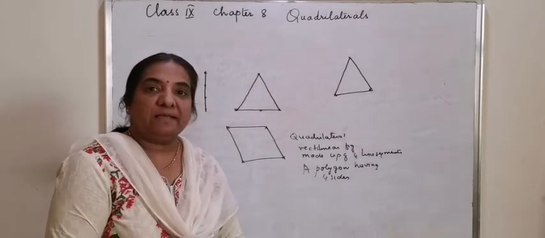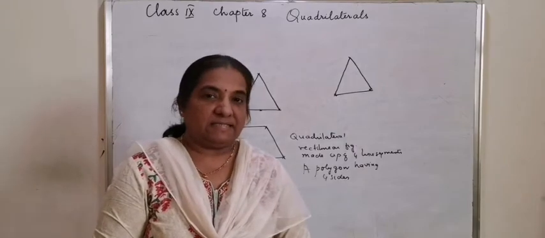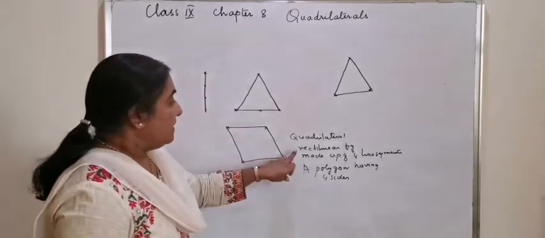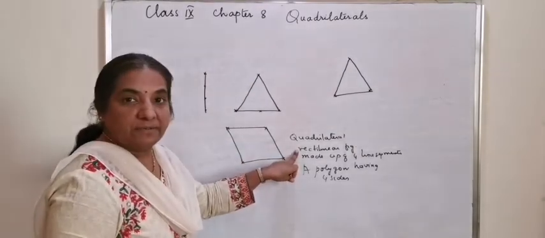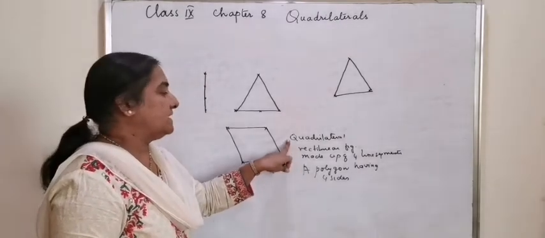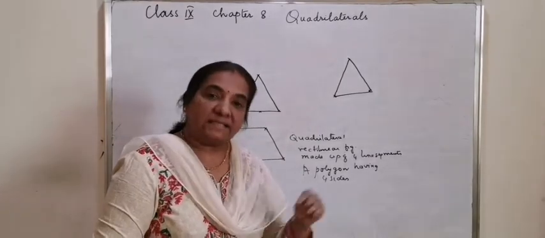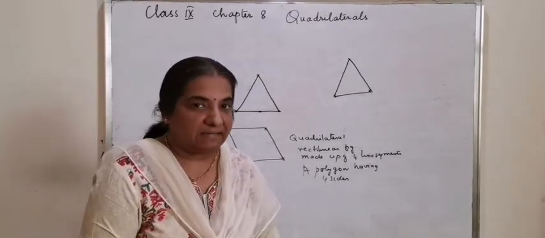They all can be taken as a definition for a quadrilateral. That is, if a rectilinear figure is made up of only 4 line segments, then we can call it a quadrilateral. If a polygon has 4 sides, it can be called a quadrilateral.